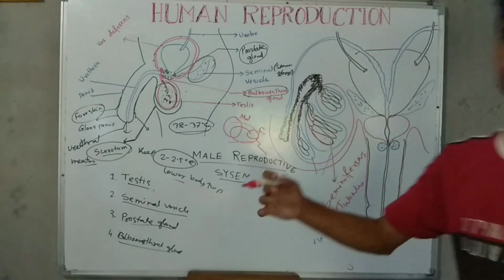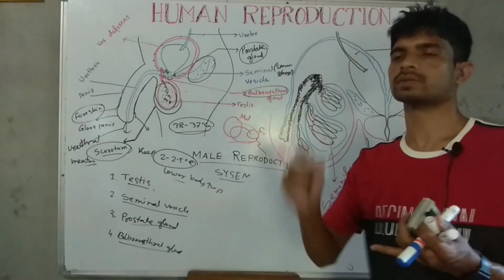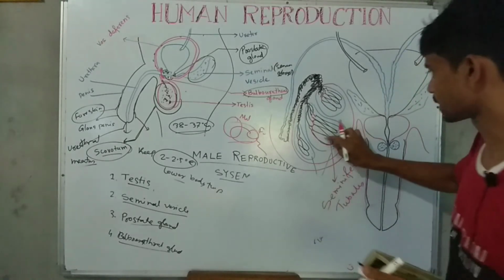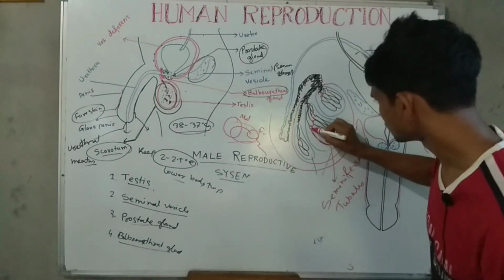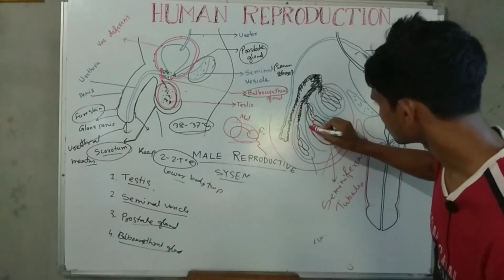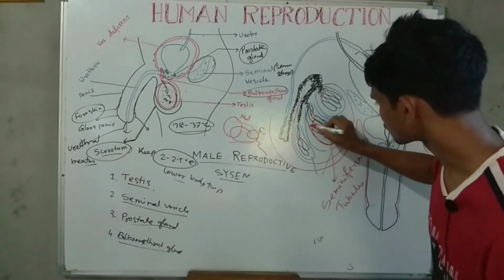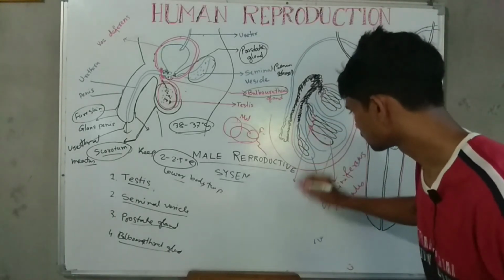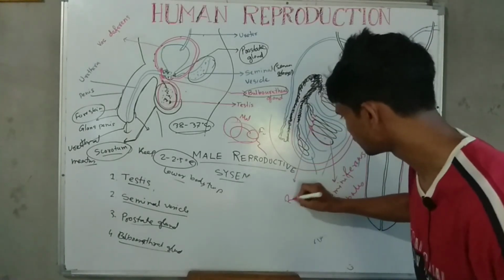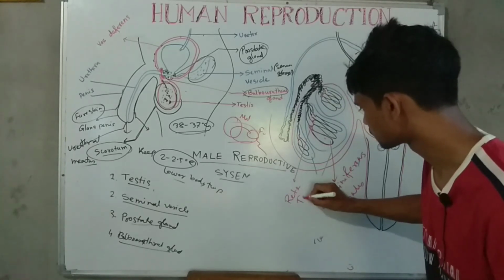Inside these seminiferous tubules the sperm cells are actually produced. From these seminiferous tubules, here in red color, comes the rete testis.